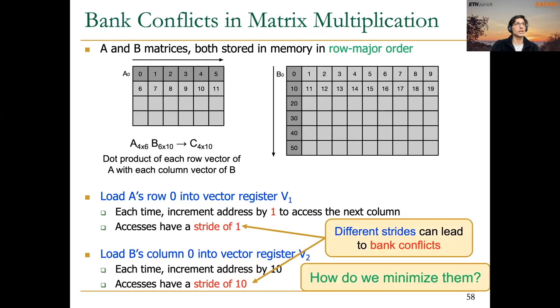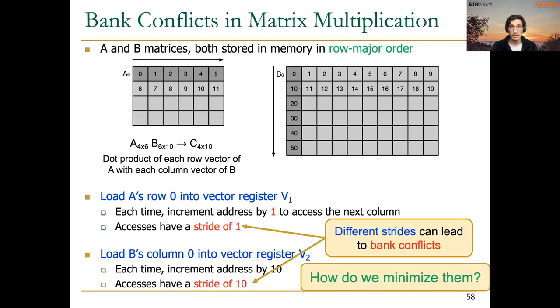So in the case of a stride equal to 10, I think it's quite clear if you think about a memory with 16 banks, for example. 10 and 16 are not relatively prime, and what that means is that you will end up having some elements of these columns falling into the same bank, and when it comes to accessing them, we will have to wait, for example, for reading element 30 until element 10 has been accessed, right?